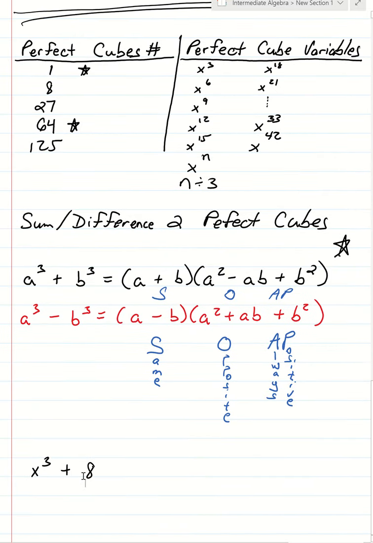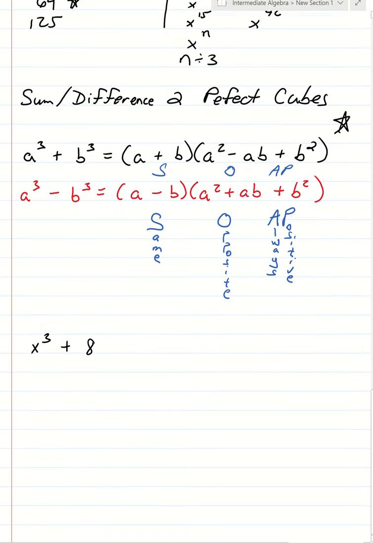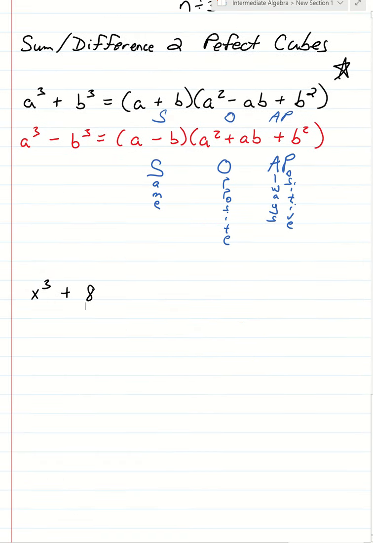And the number 8 is also a perfect cube because it's on our list. What would I have to cube in order to get x to the third power? Of course, that would be the variable x. Plus, what would I have to cube to get the number 8? Of course, that would be the number 2.